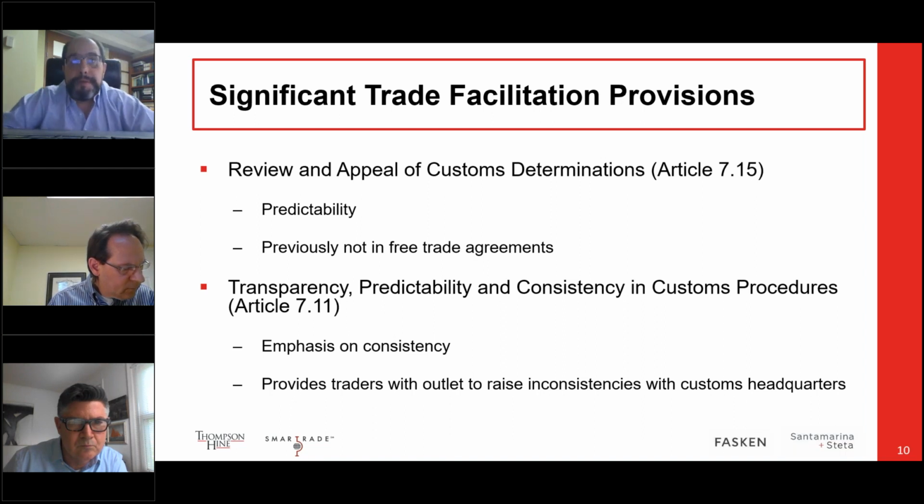Previously, especially in Mexico, you could have a customs administrative proceeding in situ at the point of entry of the goods, and they would be delayed weeks on end because of that.